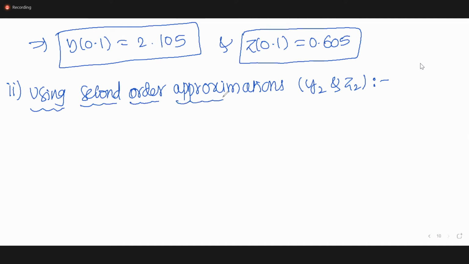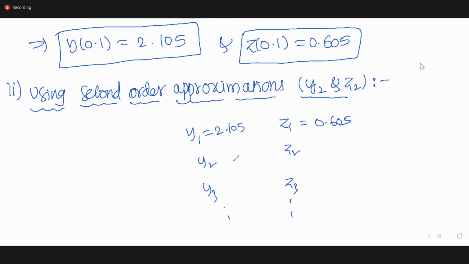In Picard's method, we have to find the approximations, first order, second order. First order means y1, second order y2, y3, correct to 4 decimal places. Z1, Z2, Z3, so on, correct to 4 decimal places. Here, what is y1? 2.105. Here, Z1, 0.605. Next, we have to find y2. Check whether 2 decimals are equal or 3 decimals are equal, etc. Okay, sir, got it.